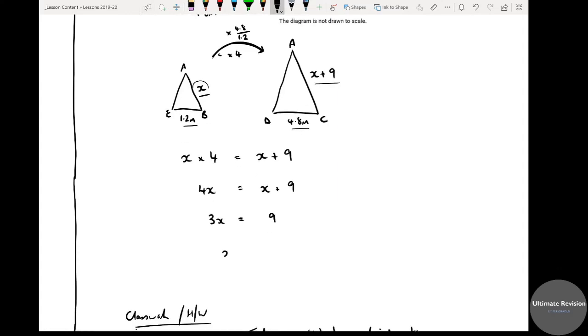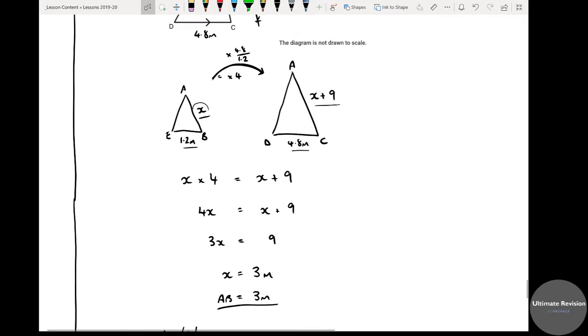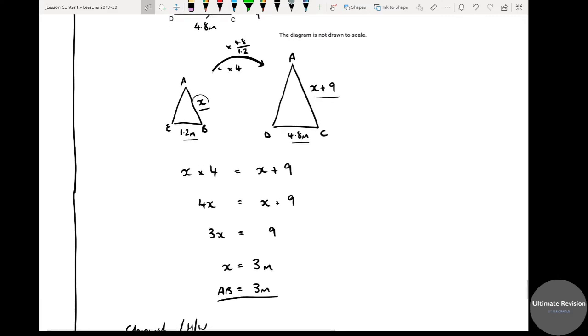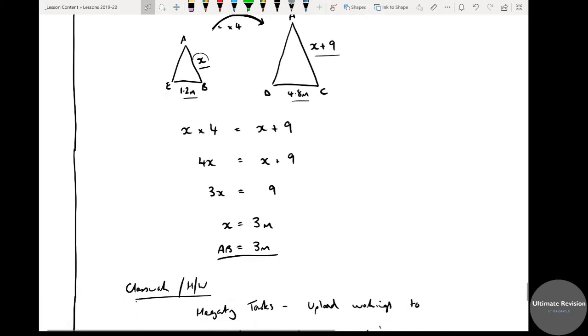And then I can solve that quite easily. X equals 3 meters. Now that was the same as AB. So just for completeness, AB therefore equals 3 meters. And that would be considered quite a hard GCSE question. But if you follow the steps, always redraw, and then follow the steps nice and slowly, drawing the arrows on, you should be okay with these questions.